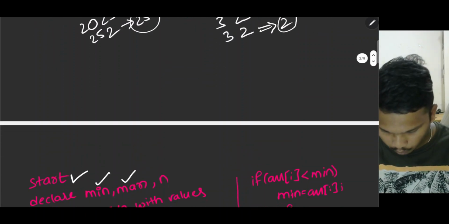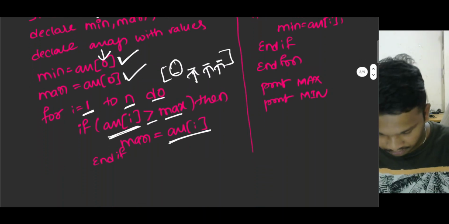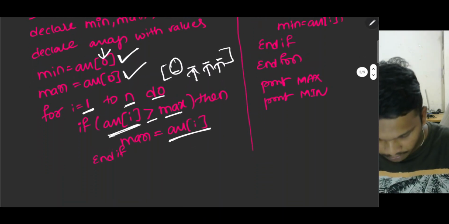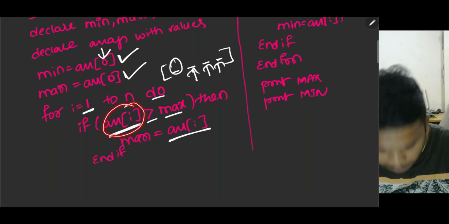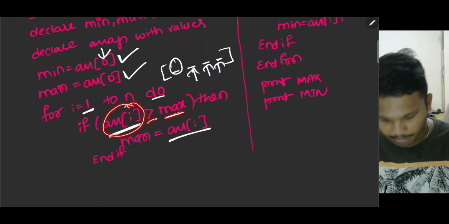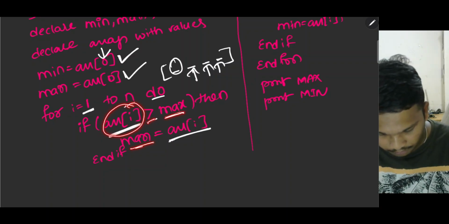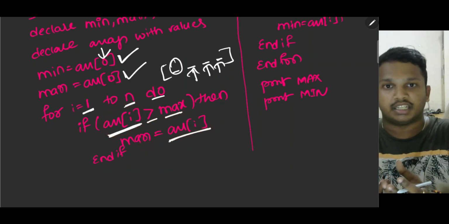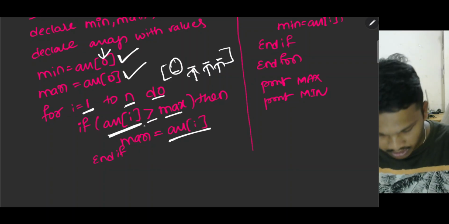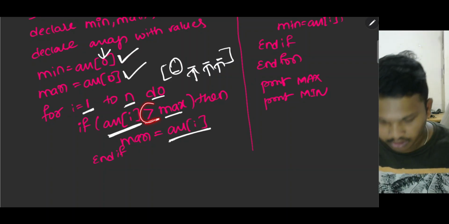So we are using an if condition here: if array of i is greater than the maximum, then we update maximum equals array of i. Every time array of i is bigger, it is updated and stored in the maximum value, by using the greater than operator.